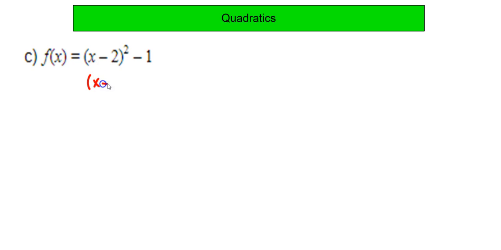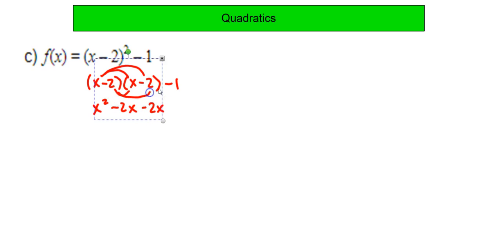So x minus 2 squared means that I'm taking two of those x minus 2's, multiplying them together. And when I do that, I'm going to FOIL this, and I'm going to get x squared minus 2x minus another 2x. And a negative times a negative is a positive. 2 times 2 is 4.